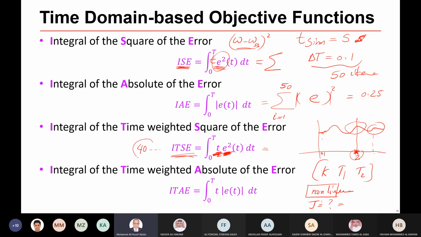When you combine these two objectives together in one objective for multi-objective optimization, you have to be careful. You have to multiply this by a scaling factor in order to have the same order in the objective function.